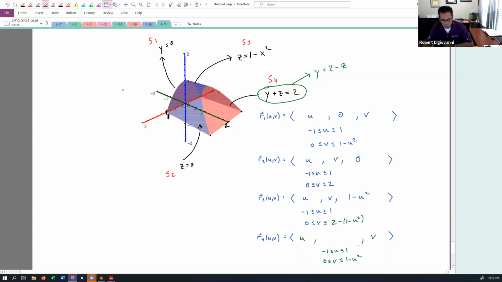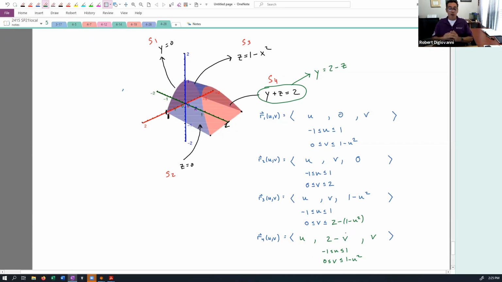That should draw me the back surface. Now I need to bring it out to here. So I need that my y value is 2 minus z, but z for us is v.